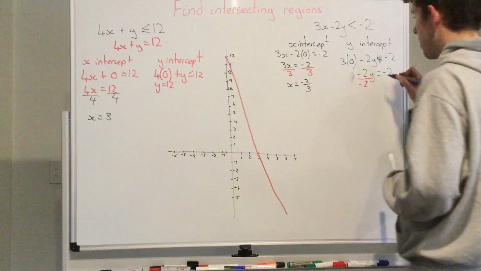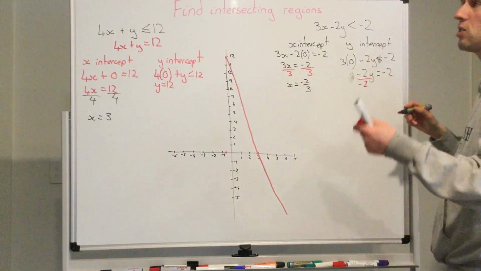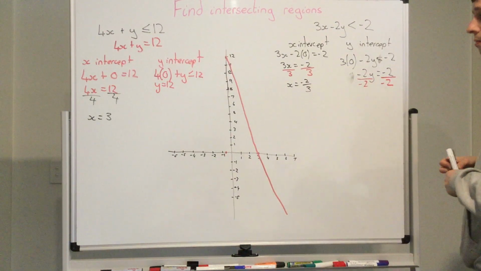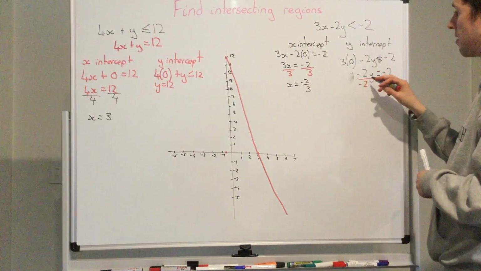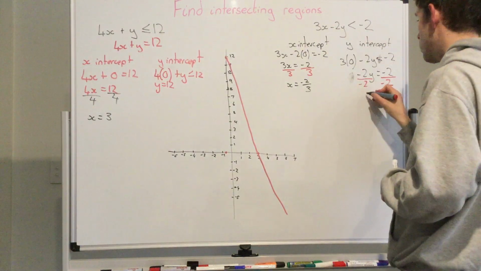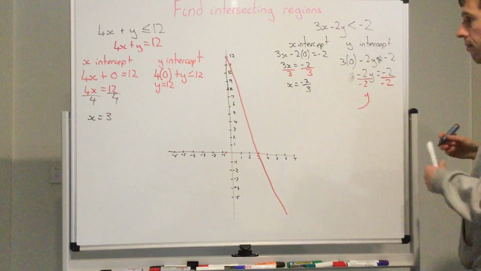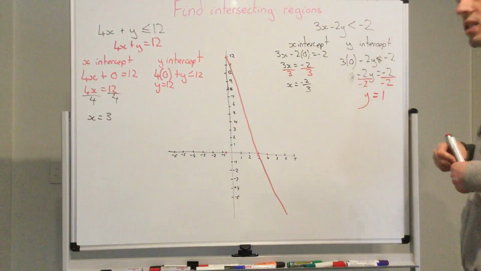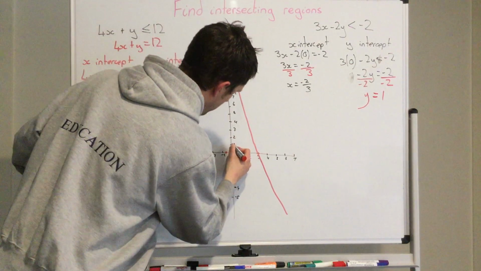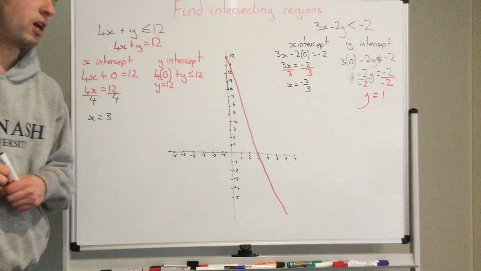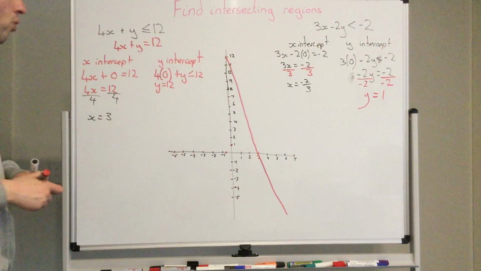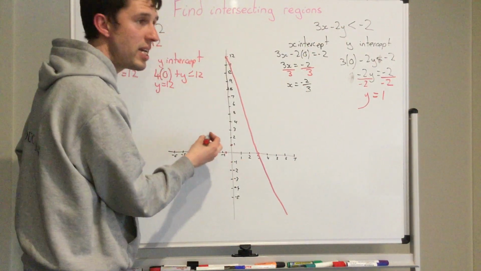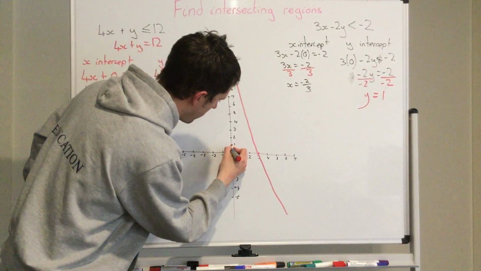I must do the same on the other side. So -2 divided by -2 equals 1. So y is 1. There we have it. Now I have my point, and remember, it's not equal to, so it's going to be a dotted line.